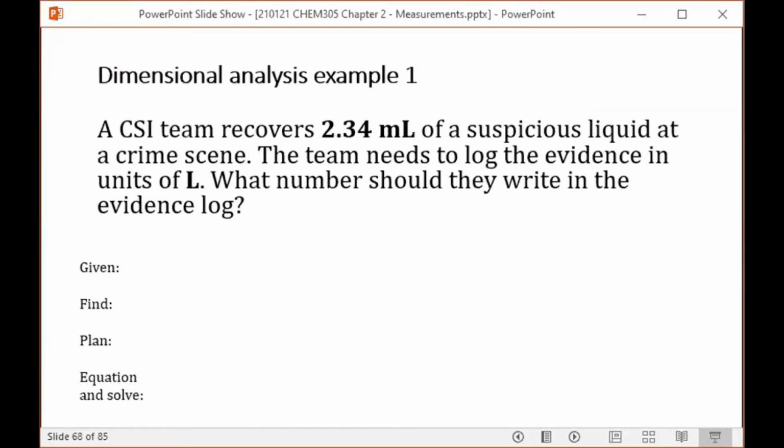Okay, let's do another one. So this one's set up more like a word problem, which is what you'll see more often. A CSI team recovers 2.34 milliliters of a suspicious liquid at a crime scene. The team needs to log the evidence in units of liters. What number should they write in the evidence log?